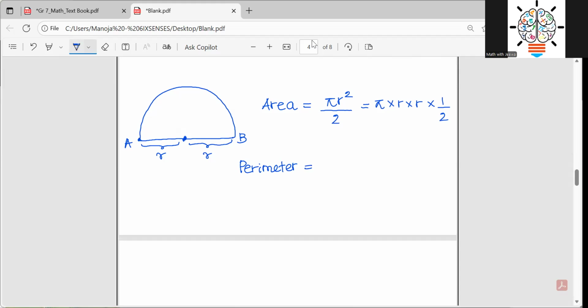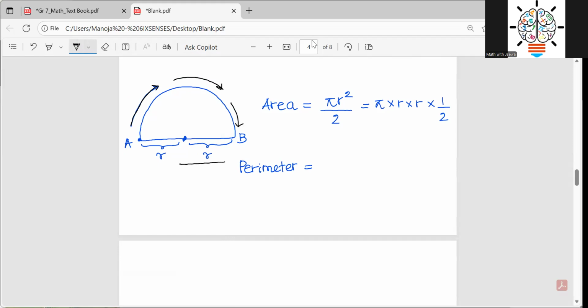I start from one corner, I go like this. I'll use a different color. I go like this, like this, and I come to the start point.